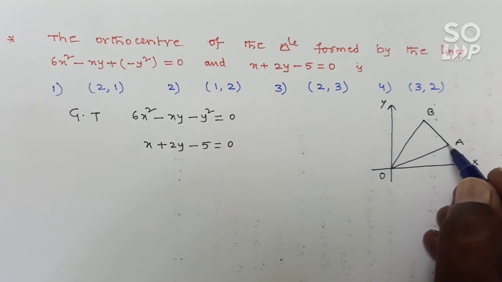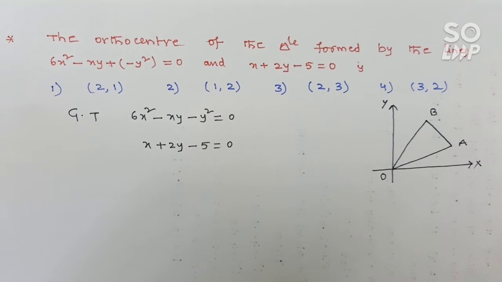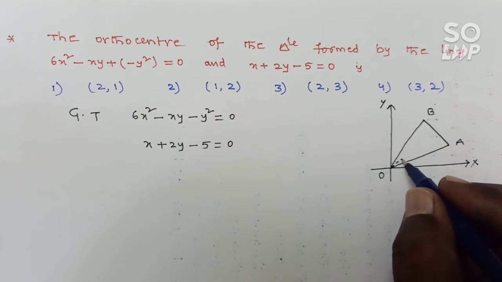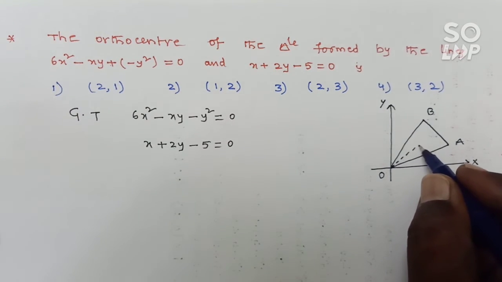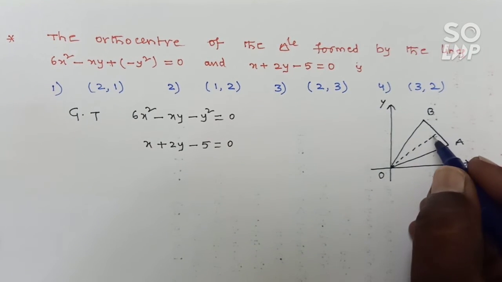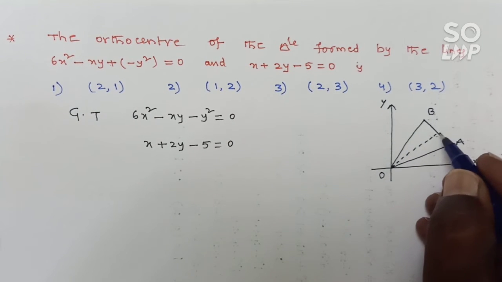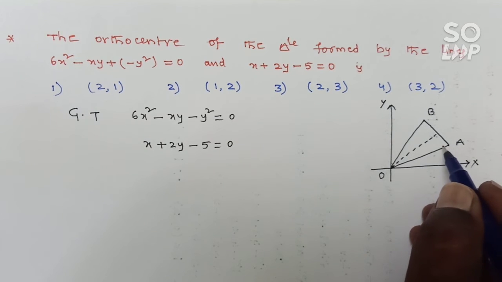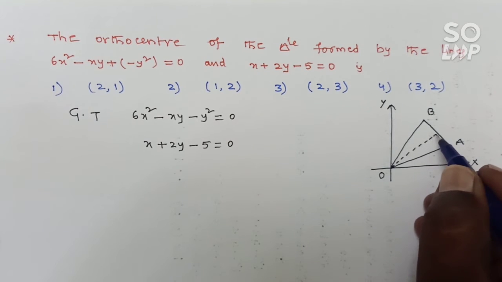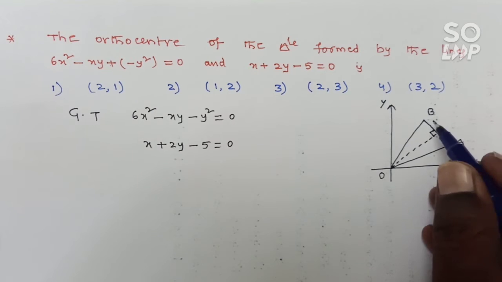Now the third side will be this equation. All of you see this. The orthocenter is the point of intersection of altitudes. So one altitude is passing through the origin, another altitude is passing through vertex A, and another one through vertex B. Here this one is perpendicular to AB.